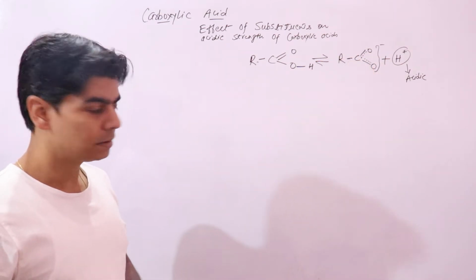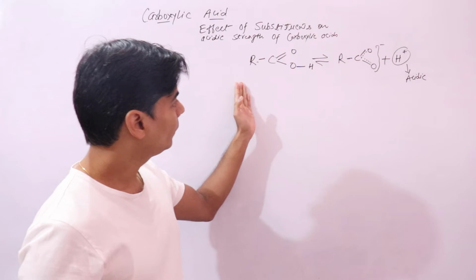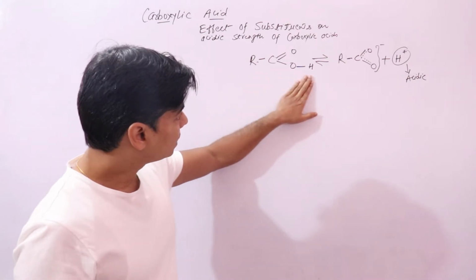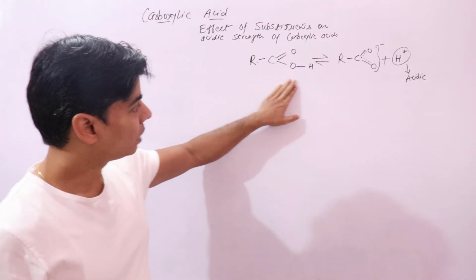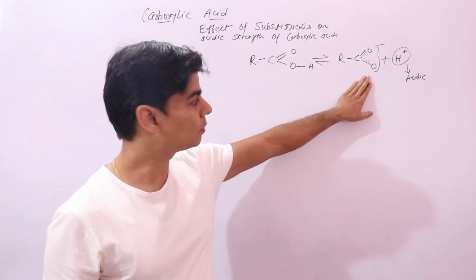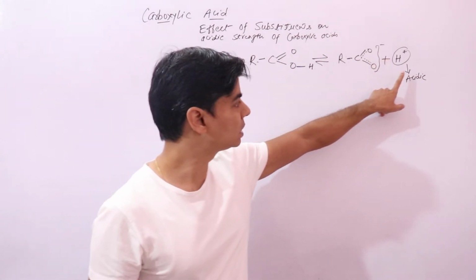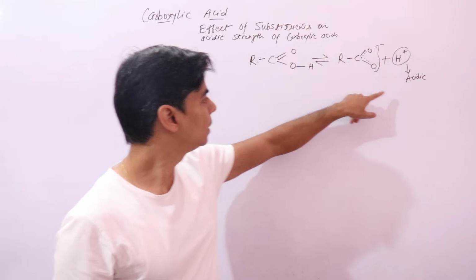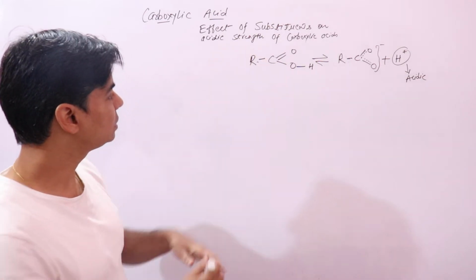Now when we say acidic strength, this acid in solution will undergo ionization to give you this carboxylate ion, which has a negative charge, and your hydrogen ion, right? Now this is your substituent.